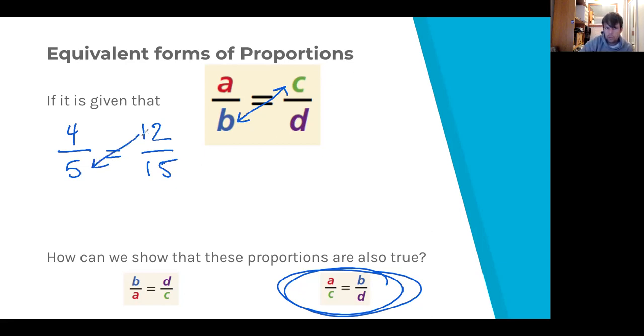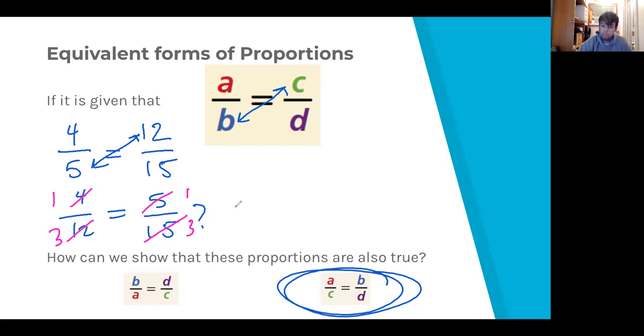Let's switch those and see what happens. That becomes 4 over 12 equals 5 over 15. Is this true? Don't both of those simplify to 1/3? These are both divisible by 4, so 1 over 3. And these are both divisible by 5, so 1 over 3. Yeah, equal. Seems to work. We made those fractions up randomly, so there's no reason it doesn't work in general. And we showed how it does work for generic letters as well. So there we go.